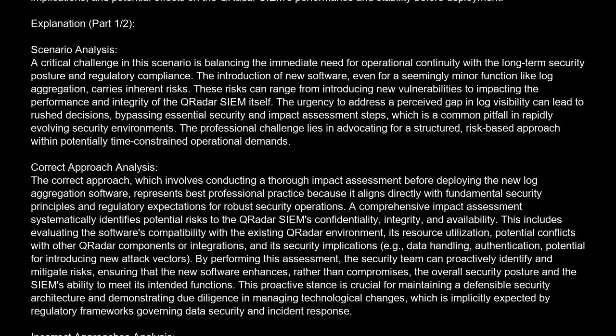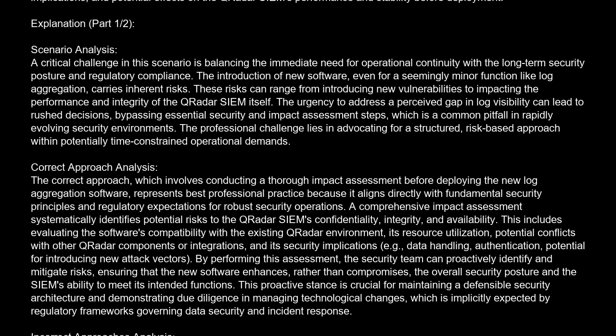Correct approach analysis. The correct approach, which involves conducting a thorough impact assessment before deploying the new log aggregation software, represents best professional practice because it aligns directly with fundamental security principles and regulatory expectations for robust security operations. Comprehensive impact assessment systematically identifies potential risks to the QRadar SIEM confidentiality, integrity, and availability. This includes evaluating the software's compatibility with the existing QRadar environment, its resource utilization, potential conflicts with other QRadar components or integrations, and its security implications, e.g., data handling, authentication, potential for introducing new attack vectors.